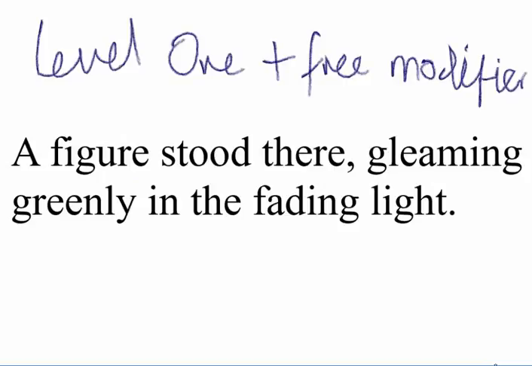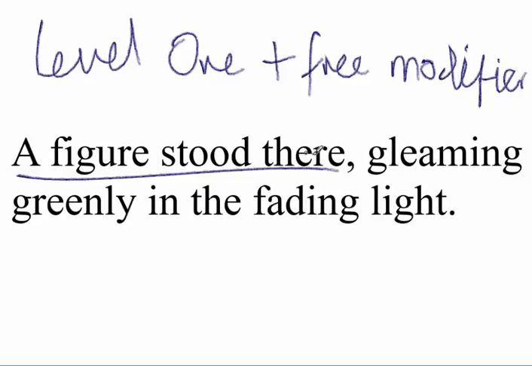So what Robert Holdstock did was he took his level 1, his regular simple sentence, which is a figure stood there, and he added on to it by putting a comma there. Okay, generally, if not always, when we add a free modifier, we have to put a comma to glue it to the level 1.